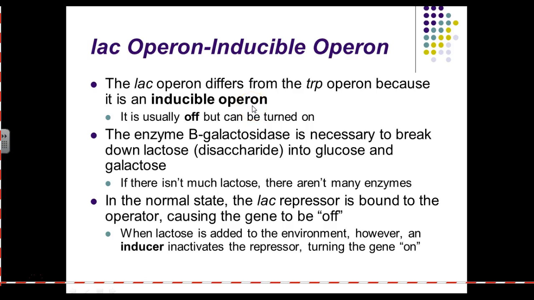In normal circumstances, it's not feeding on lactose, but occasionally it needs the energy from the lactose and needs this enzyme to break it down. So when that happens, the operon will need to be turned on or induced. So think: repress means to shut down, induce means to turn on. So this is inducible. It is normally off, but transcription can occasionally be turned on when needed.